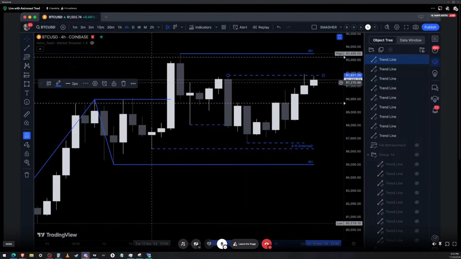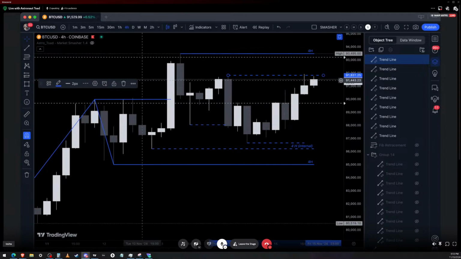I don't know. Because you give weight to whichever market structure is the biggest. If the weekly time frame is bullish, then I want to be looking for longs on the smaller time frames.